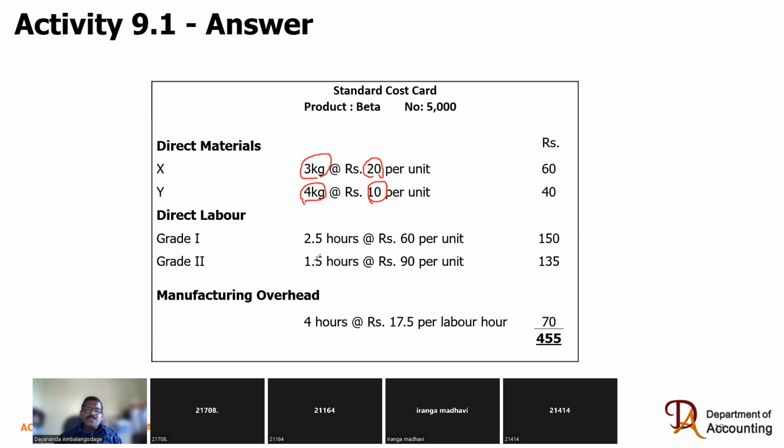So here also you see that the production manager has to manage the beta production, 1 unit with 2.5 labor hours and grade 2 1 point hours. If he is using, say, instead of 3 kg here 4, usage is a little bit more.